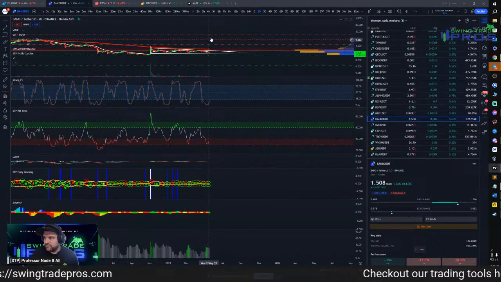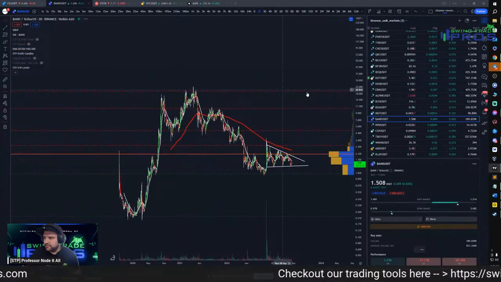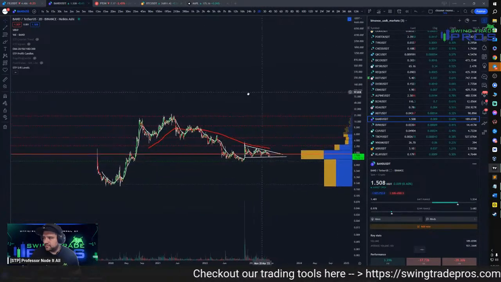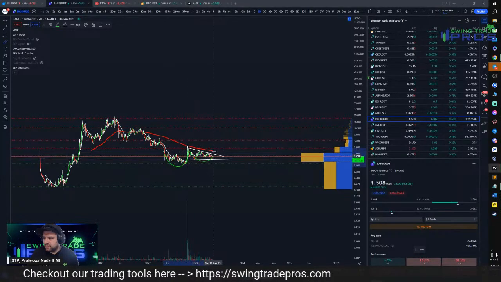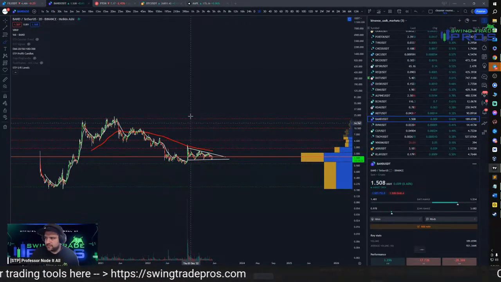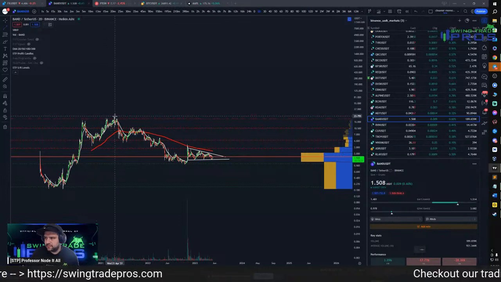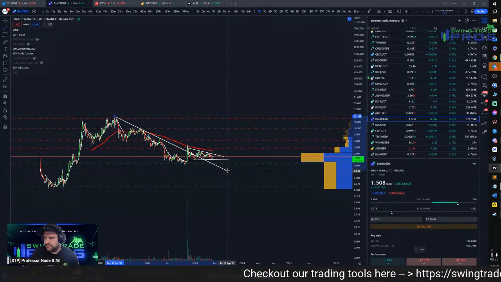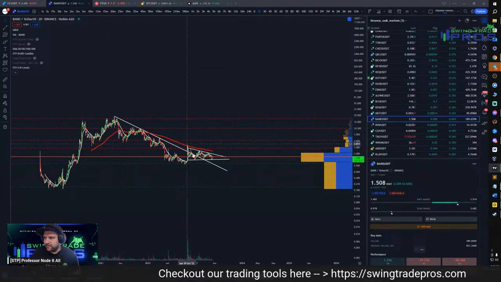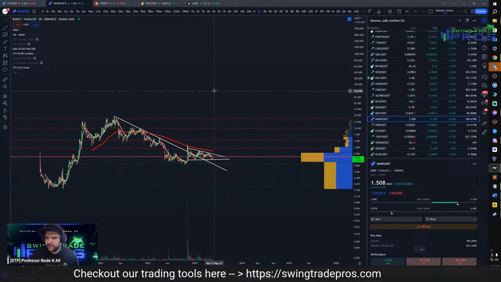Watch this one. This one can move. Maybe you got some sort of cup with handle structure here. Watch for the trend line break. And actually, it's technically out. It's just sideways in this range.